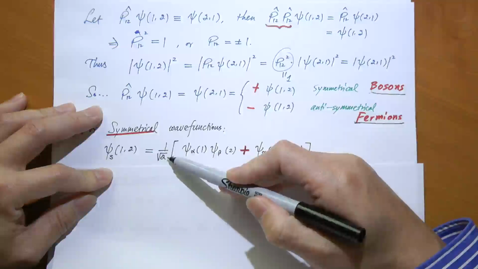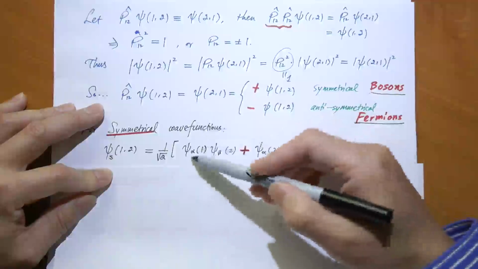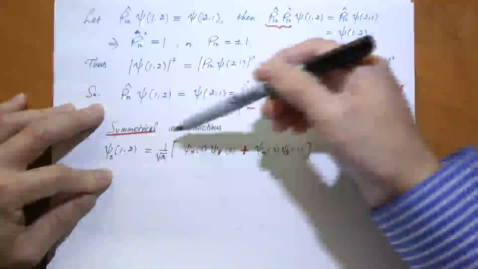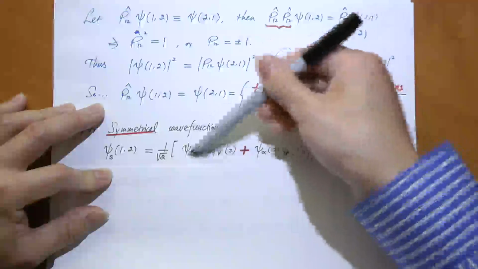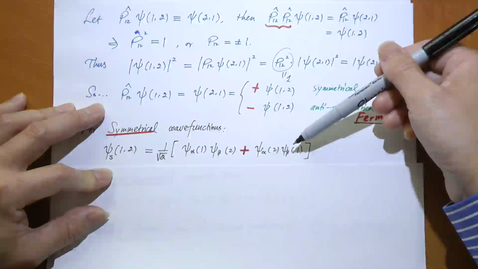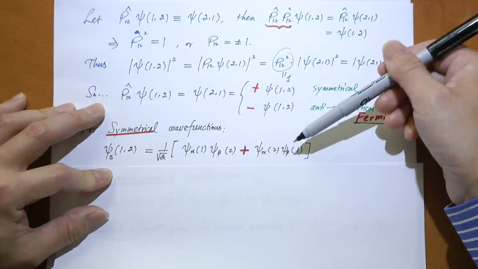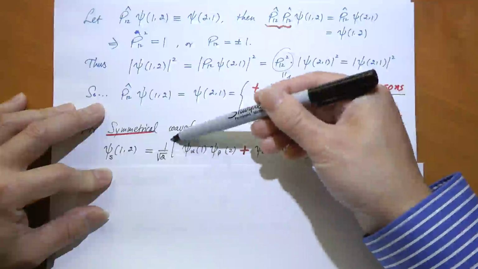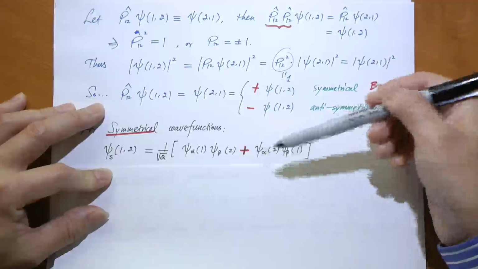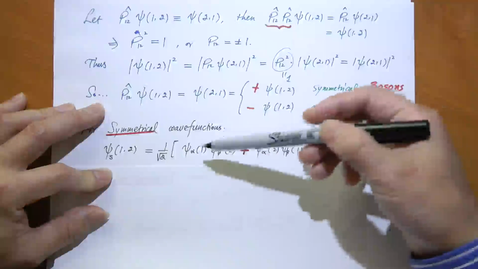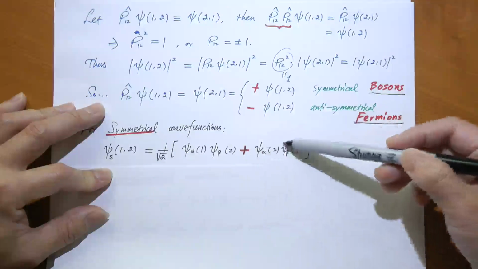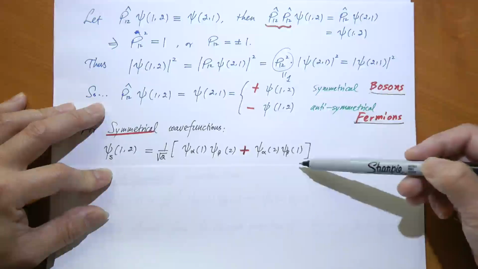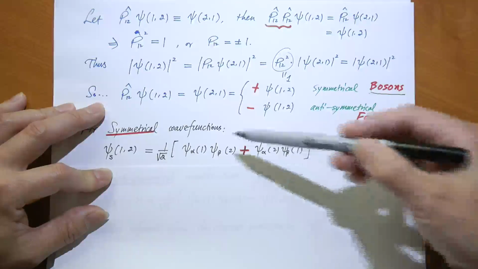And where does the square root of 2 come from? Very simple, because this symmetrical wave function really is the superposition of these two possible states, this state and that state. And each state has a certain probability: the amplitude squared is the relative probability of finding the system to be in that state.